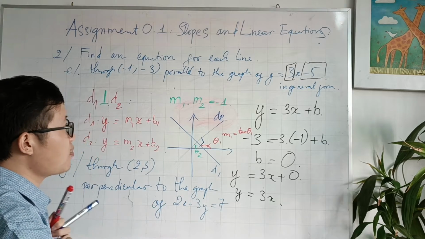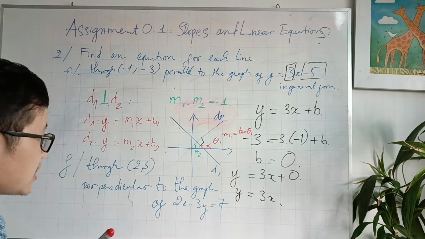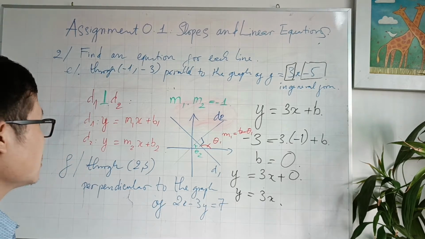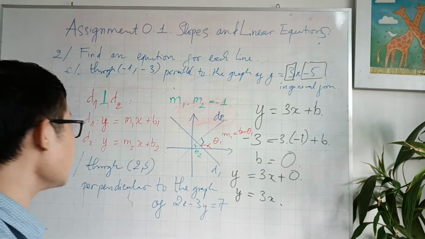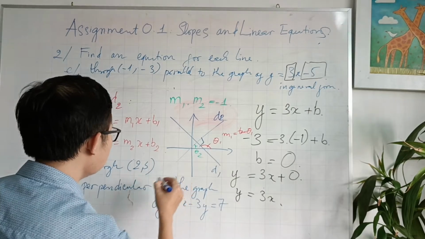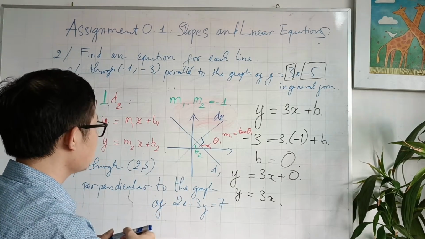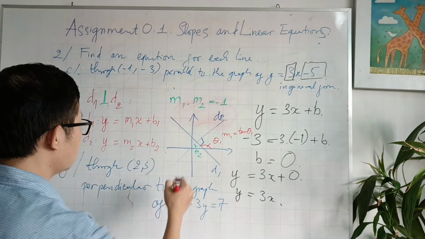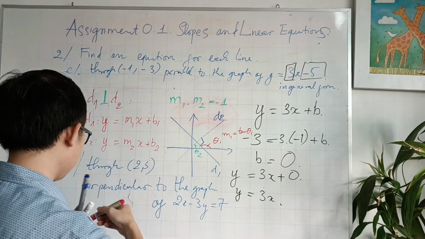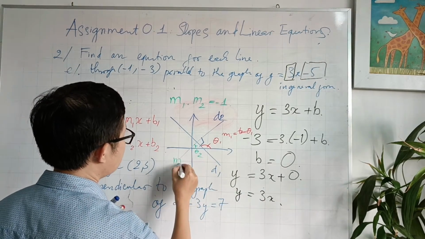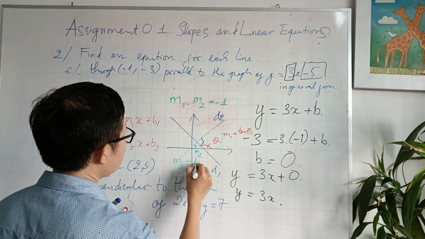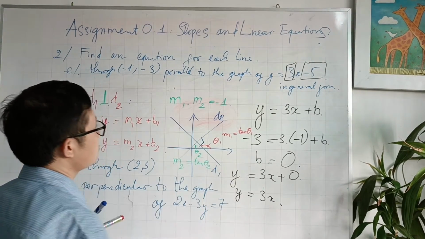and the geometric meaning of slope is the tangent of the angle between the line and the x-axis, so m2 equals tan θ2.